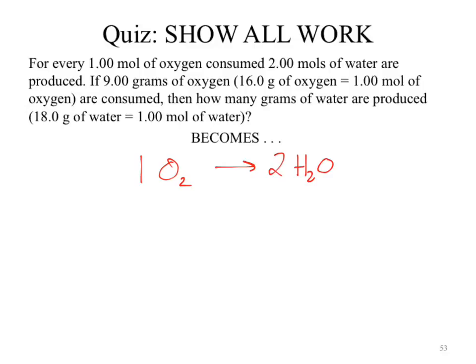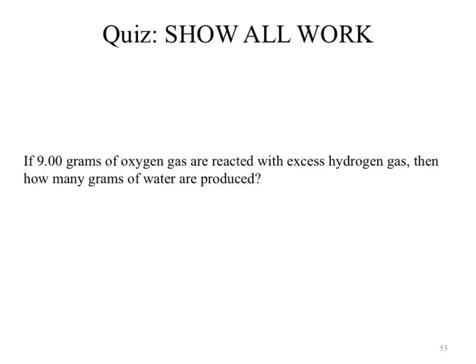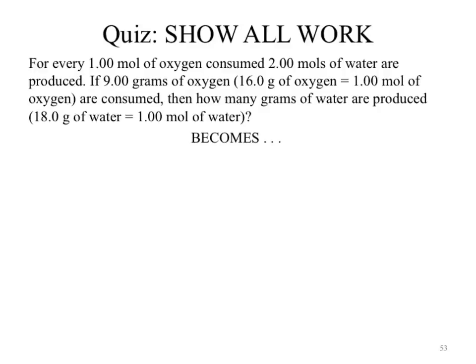No. So in this new exam, the question changes around a little bit. And we say we start with oxygen gas and we react it with hydrogen gas to make water. So if we go back to our equation, we'd start with hydrogen plus oxygen goes to water.